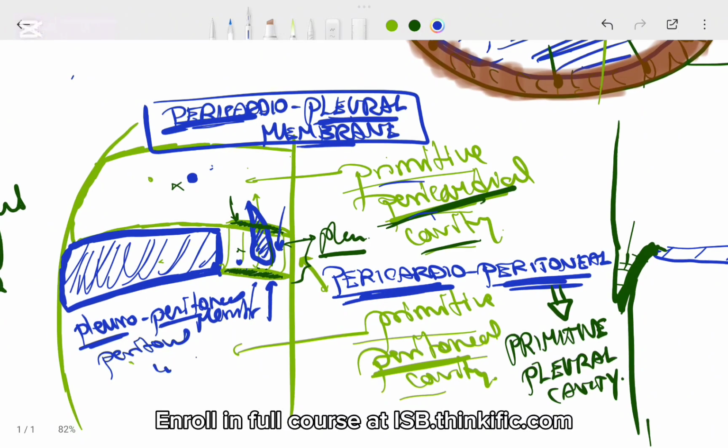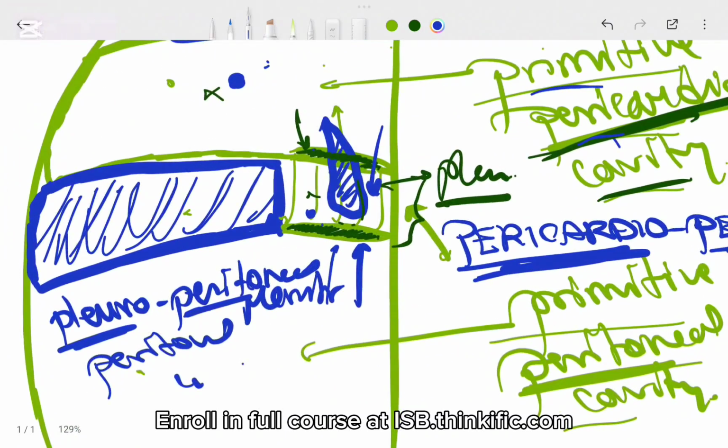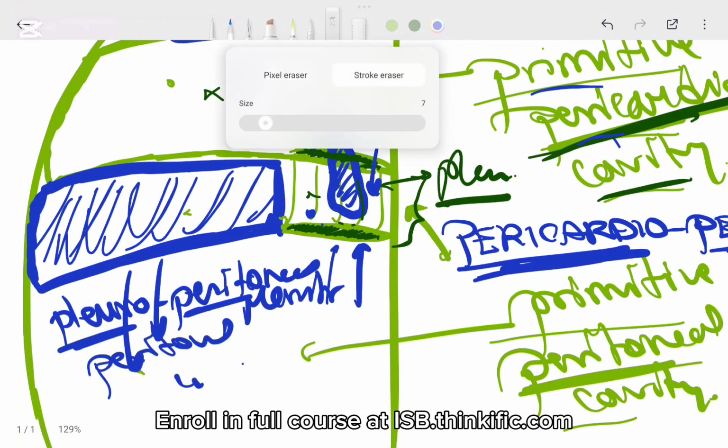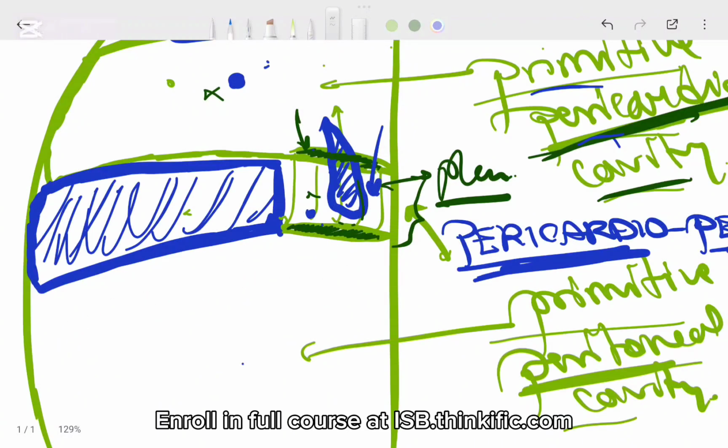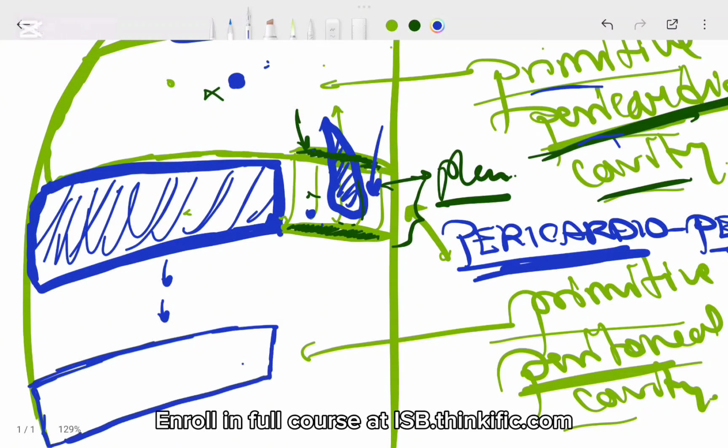Now what's going to happen? Well, as I told you, the septum transversum will start descending towards its normal adult position. So focus with me, it will descend to this location. Suppose this is the new location of the septum transversum. And the lungs keep growing.